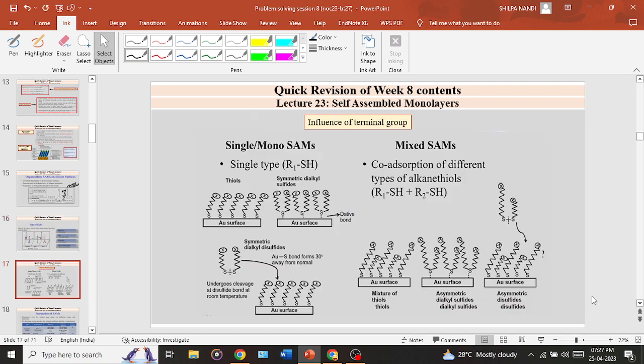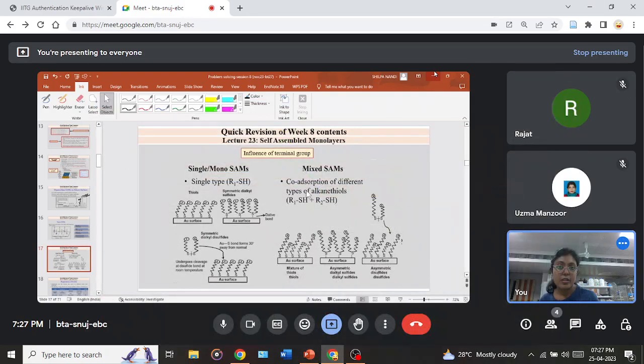Pertaining to the influence of terminal groups, you can either have single or mono SAMs, or you can even have mixed SAMs. In the case of mono SAMs, there is a single type of terminal functional group, that is R1SH. In the case of mixed SAMs, we can have different functional groups present at the terminal end. In one of the SAMs, R1 is the functional group, whereas in another R2 is the functional group.